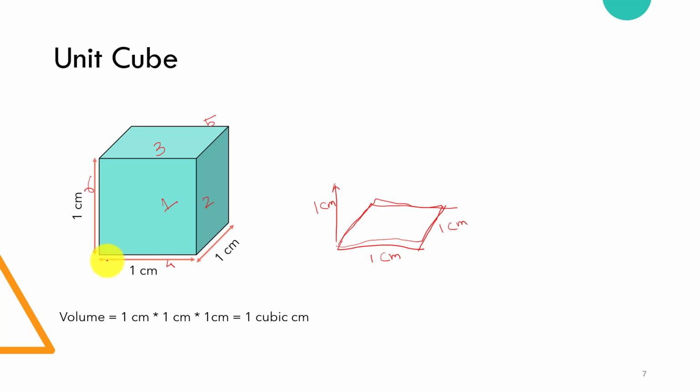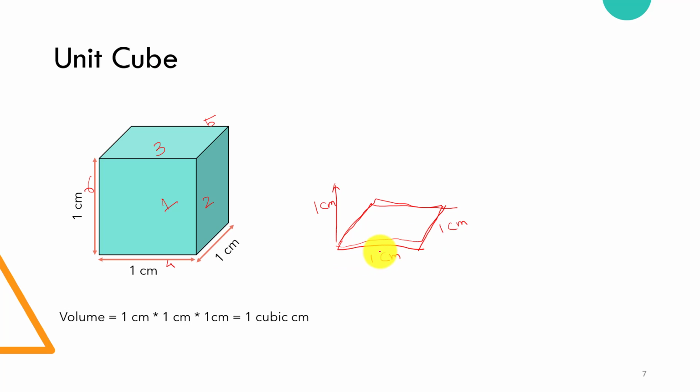So that means we have so many squares if we stack them one by one. Let's say we have so many square plates. If we stack them one by one until we reach a 1 centimeter height, we will get a cube. We know the area of a square is length into breadth, and as both are the same, it is basically length squared.